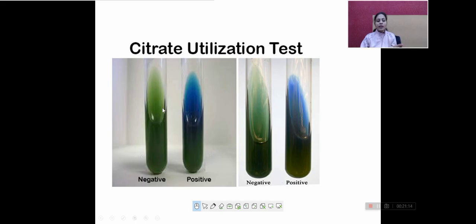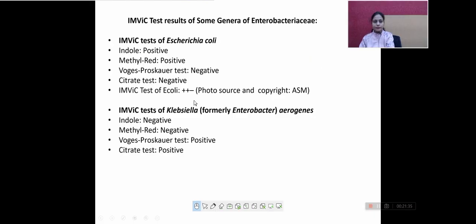Now the IMViC test results of genera of Enterobacteriaceae. Here we discuss which microorganism gives which test positive and which test negative. First, E. coli. For E. coli, the indole test is positive, which means they produce red color. Methyl red is positive, which means they produce red color.